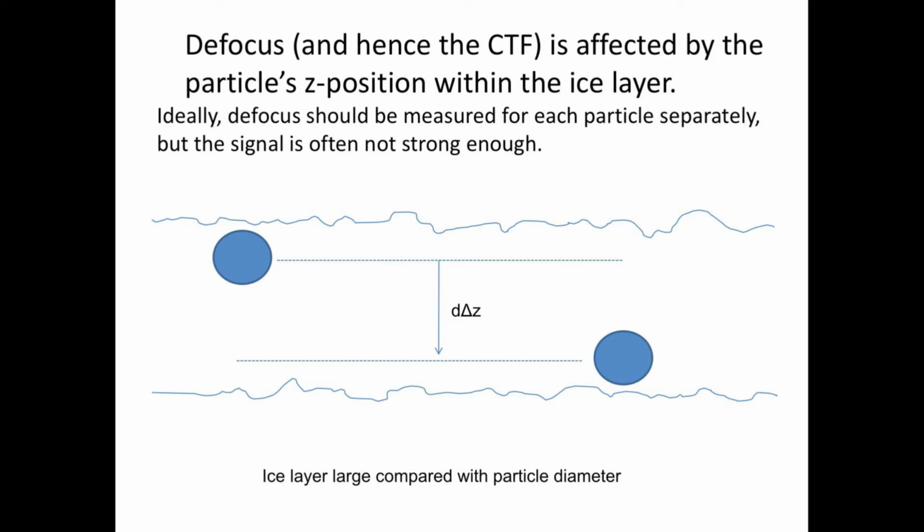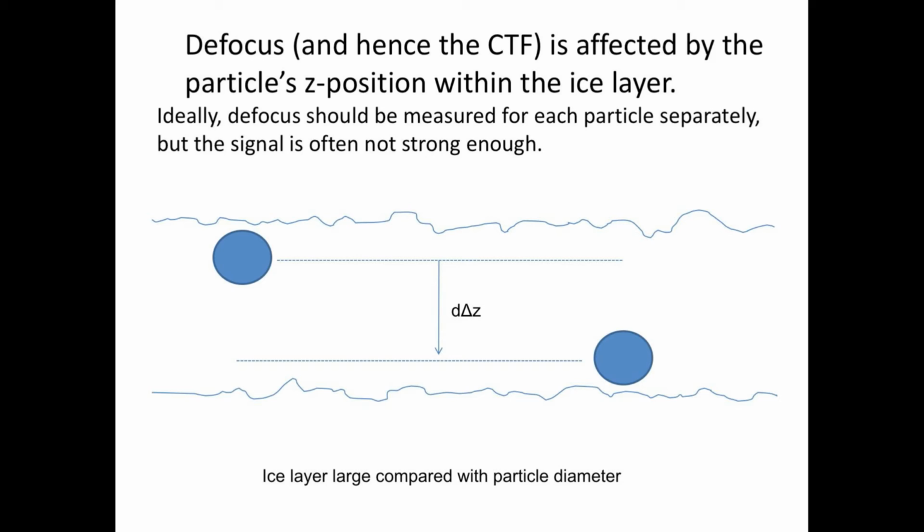So if we represent the entire image field of particles by a single defocus, then we're making an error, because then we put the defocus right here. And let's say we have 1,000 angstroms here, then we have plus minus 500.